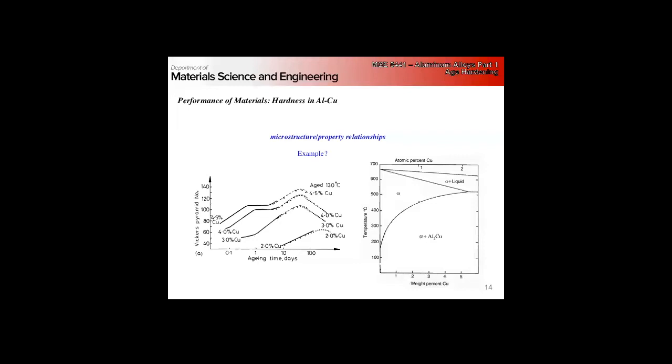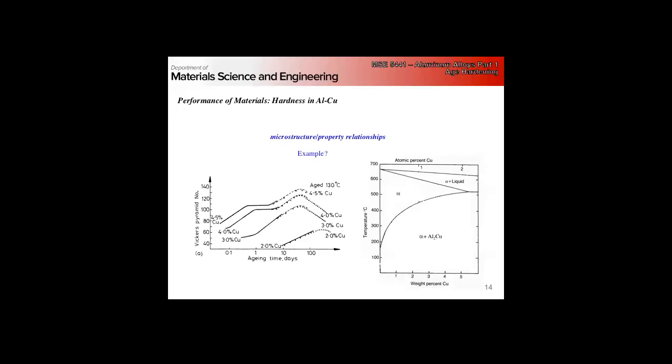So my guess here is these are different experiments that have been combined together to make one curve, right? So, the question about 3%, why is it? Well, if you extrapolate this back to 0 time, that's the as quenched, right?